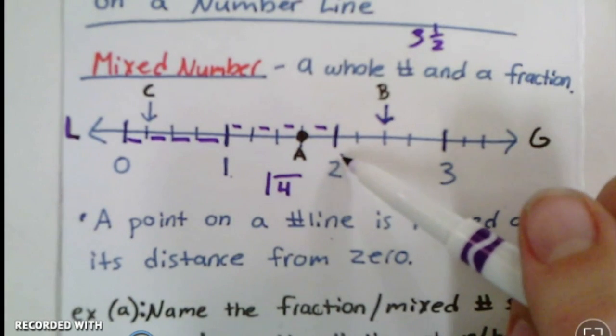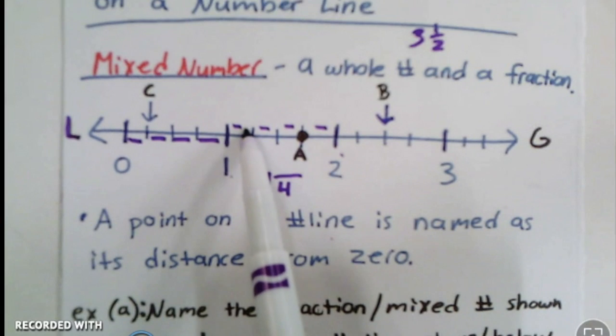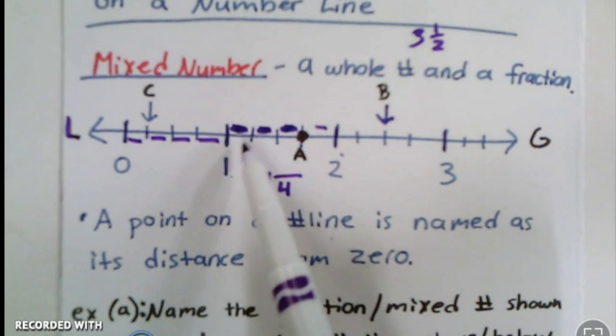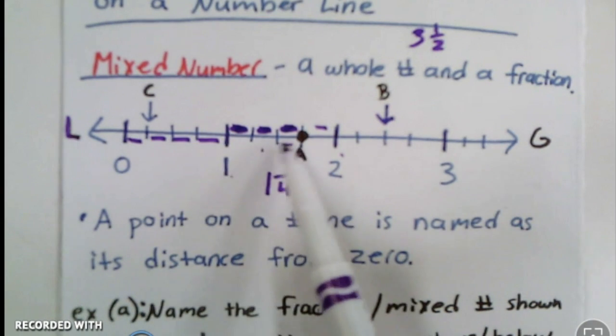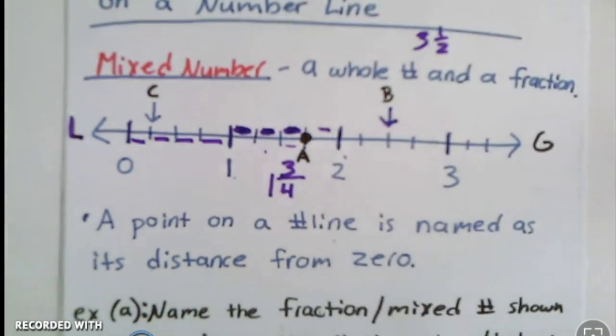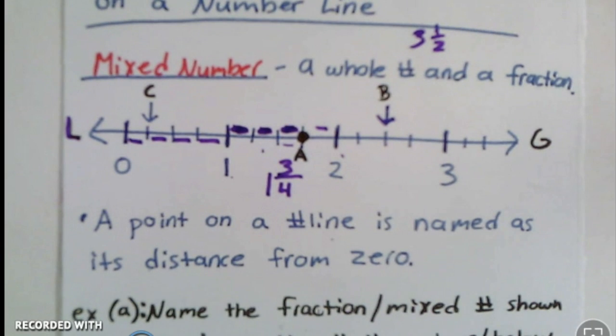And so I want to see how many parts basically are filled in, just like what we were doing with our drawing fractions. So there's 1, 2, 3 of these parts are filled in, or A has gone past. And so my numerator is going to be a 3. So point A would be 1 3/4.